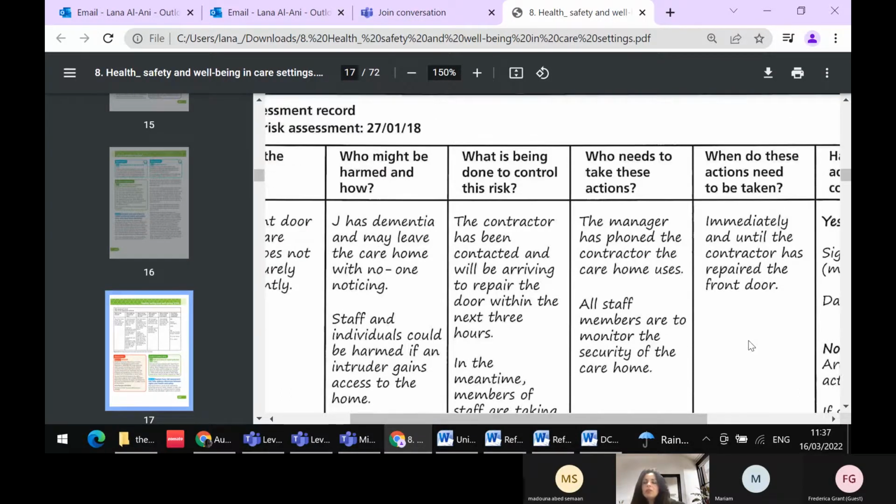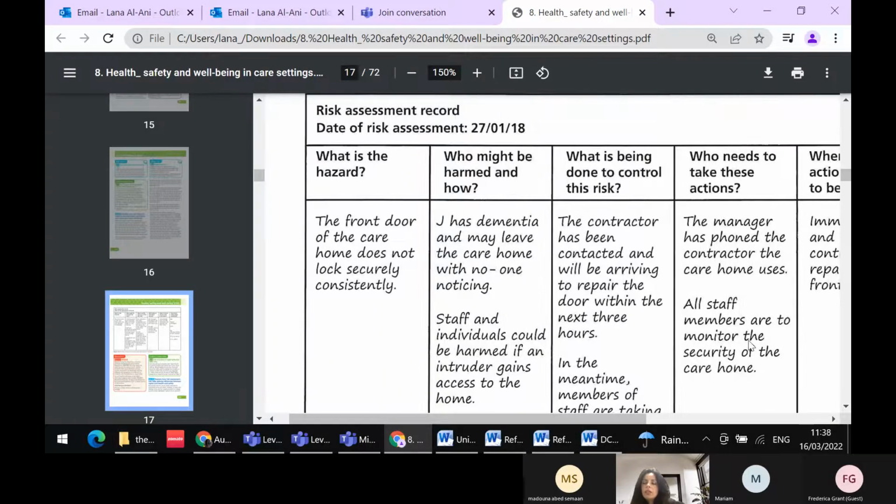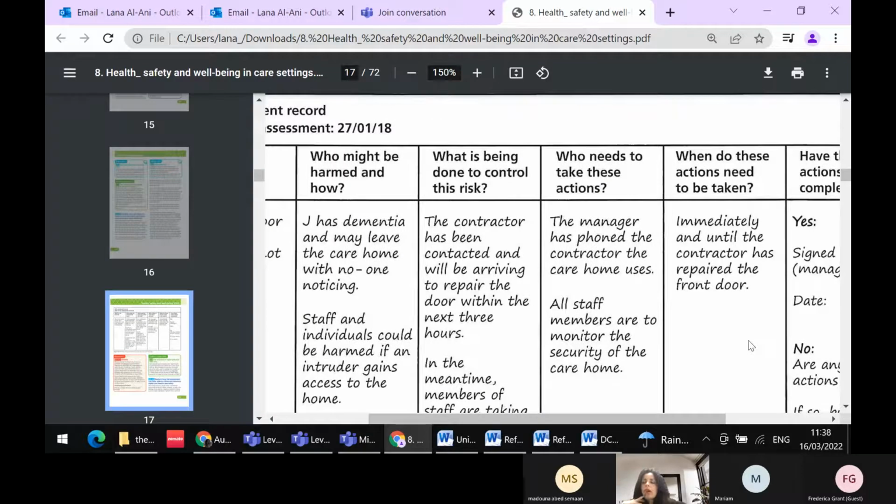And then who might be harmed? You can write down the staff, the employees, whatever. For this, not locking the door, what do you put here? Someone who has less mental capacity might leave the nursing home, and then people might have to look for him or her.